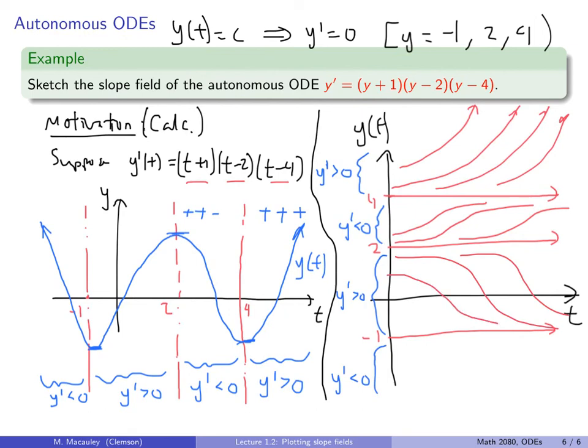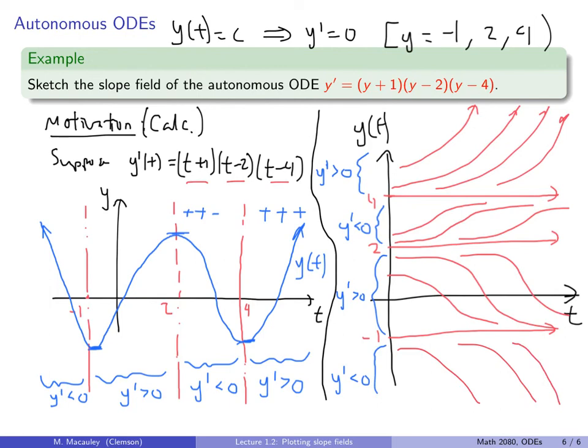And again, there's not much choice for what we can have. The slope is negative everywhere, and it has to approach this from above and this from below. And finally, down here, our slope is negative, so that means that our solutions are going to look like that.